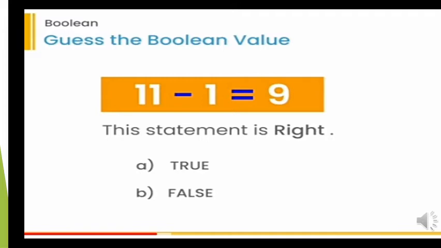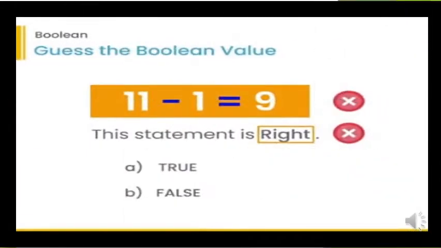So the key thing we have to observe is what they are saying, and we need to calculate whether the mathematical statement they have given is right or wrong. Then we have to check the statement, whether it is right or wrong. By this we can guess whether the Boolean value is true or false. So here 11 minus 1 equals to 9. This statement is wrong. Actually the answer is 11 minus 1 equals to 10. So the given Boolean value is false.